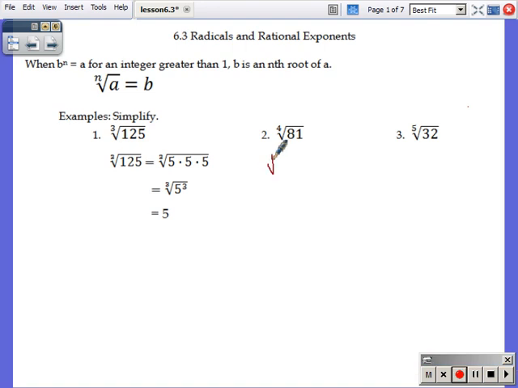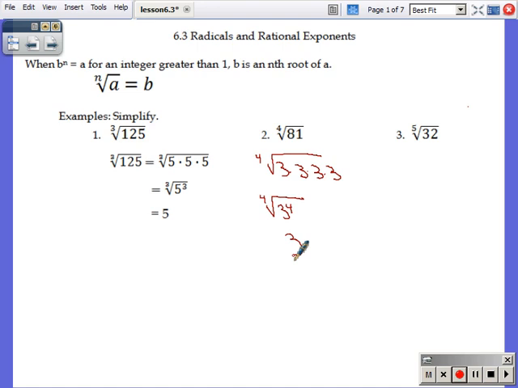It is 3, because 3 times 3 times 3 times 3 is 81. So the fourth root of 3 to the fourth, again, when the exponent matches the root, they undo each other. That just equals 3.